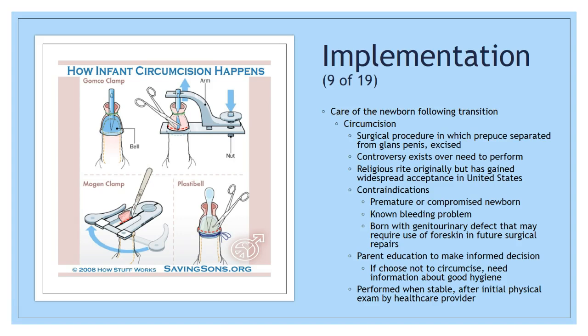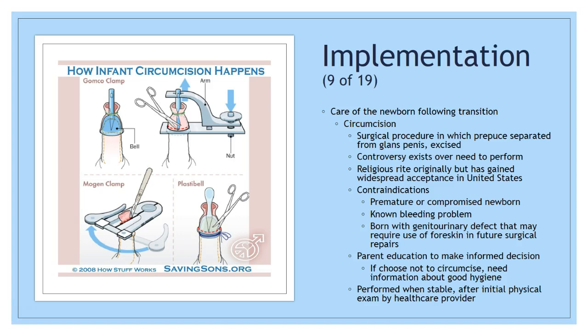So if you have a baby that's born with an epispadias or a hypospadias, which means the urethra is not in the middle of the glans, but it is either towards the top or towards the bottom, they use part of the foreskin to correct that defect in babies. So we would not circumcise a newborn that had that type of defect because they need the foreskin to make that correction.